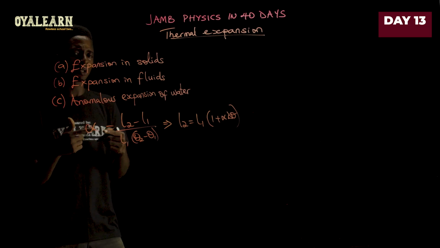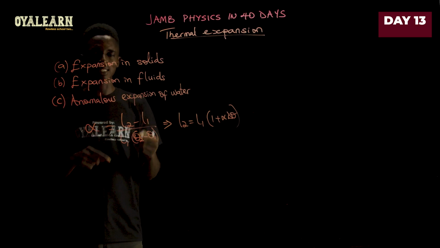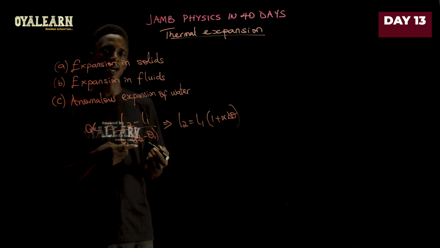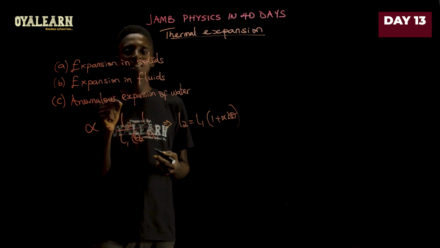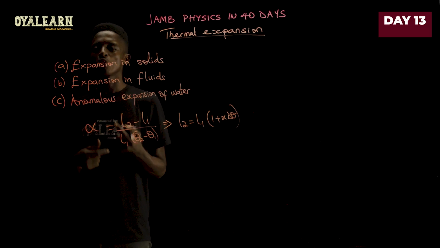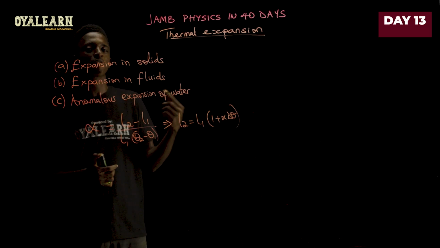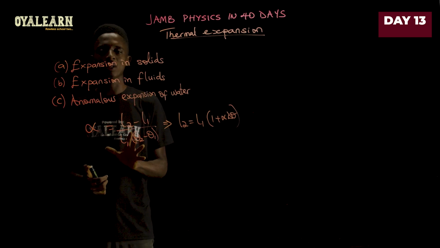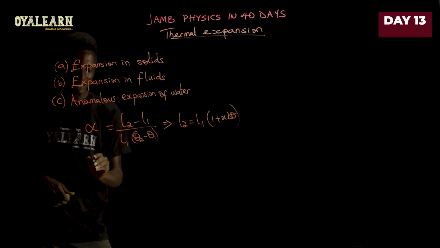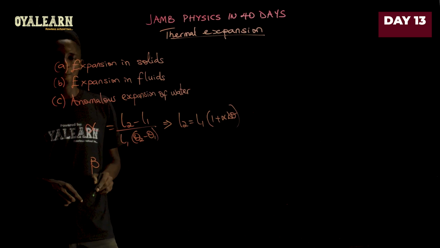And when you go beyond the first dimension of length, we can go to the next dimension, which is that of area. Another name for area expansivity is the superficial expansivity. So in case you find a question where they use the word superficial expansivity, you should know that they are still talking about area expansivity. Now that is denoted with the symbol beta.